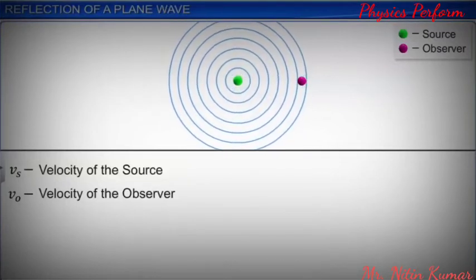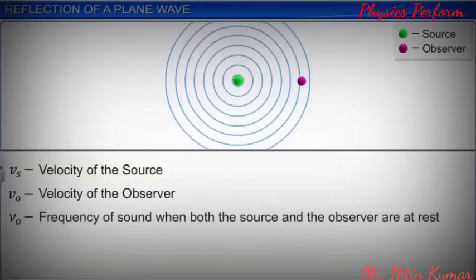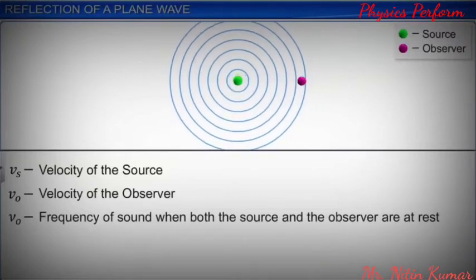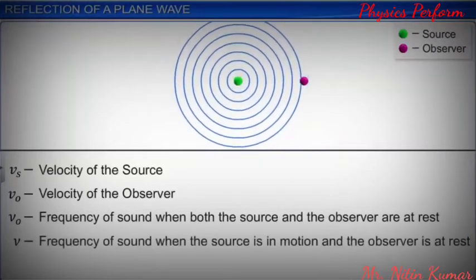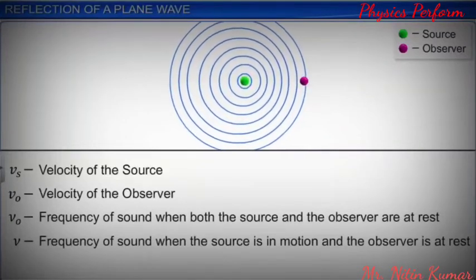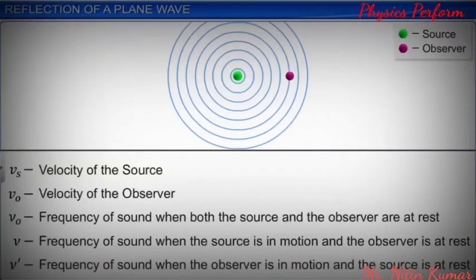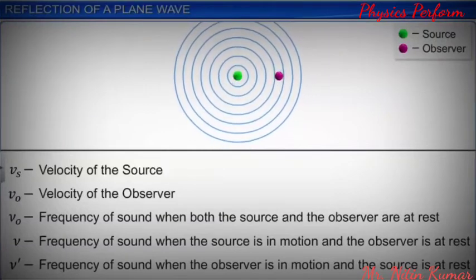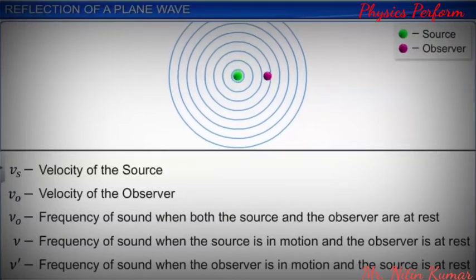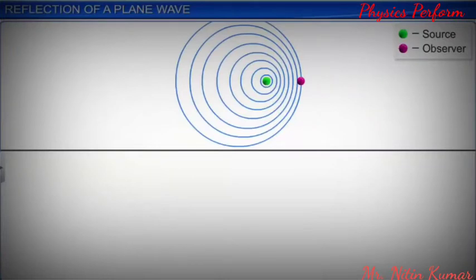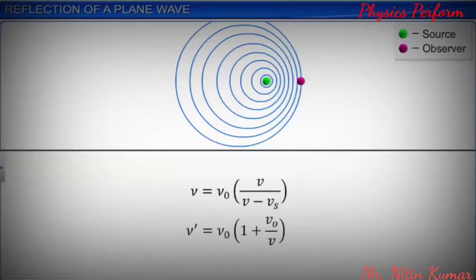Also, let nu0 be the frequency of sound when the source and the observer are stationary, nu be the frequency when the source is in motion and the observer is at rest, and nu' be the frequency when the observer is in motion and the source is at rest. Then, for the Doppler effect for sound waves, we have nu = nu0 (1 - Vs/V), and nu' = nu0 (1 + Vo/V). Let them be equations 1 and 2.